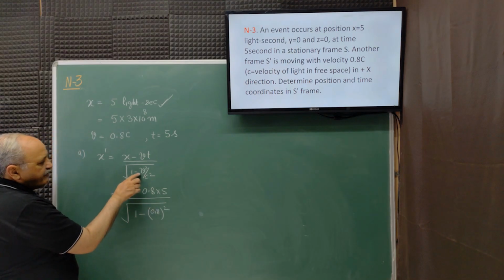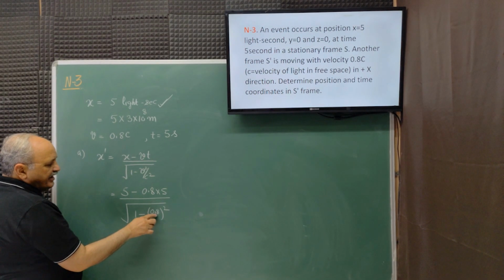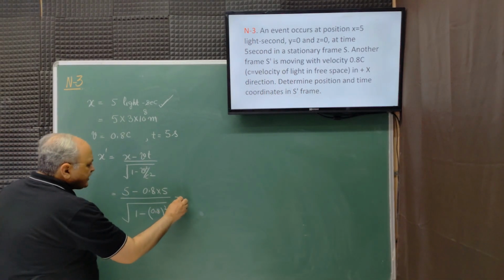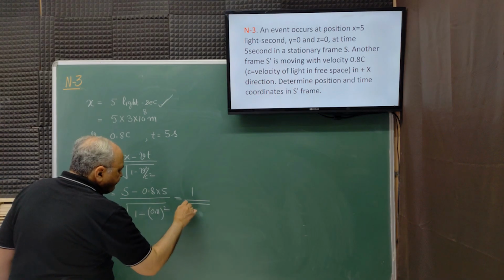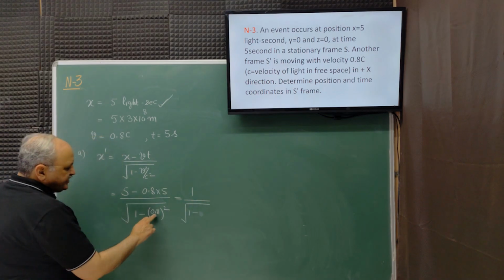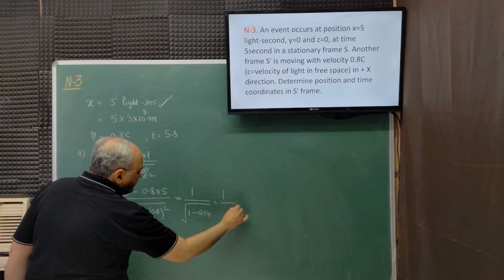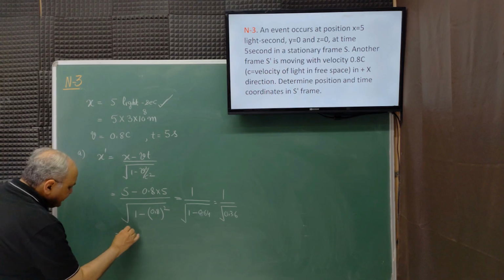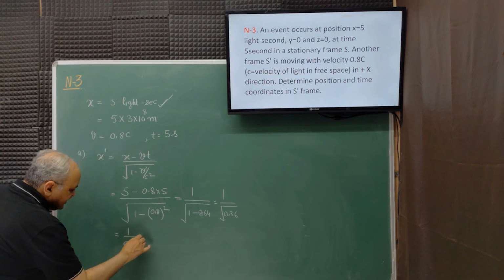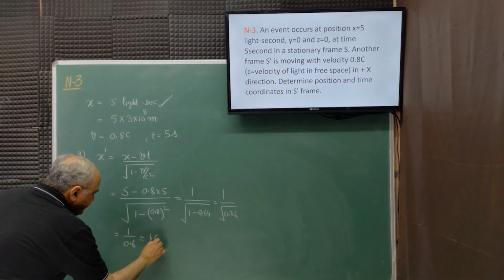Reason being, if you put 0.8 c square, the c's will cancel out, and we'll have this. So this comes out to be 4 and 5, that is 1, under root of 1 minus 0.64, that is equal to 1 divided by under root of 0.36, that is 1 divided by 0.6, and that comes out to be 1.67.